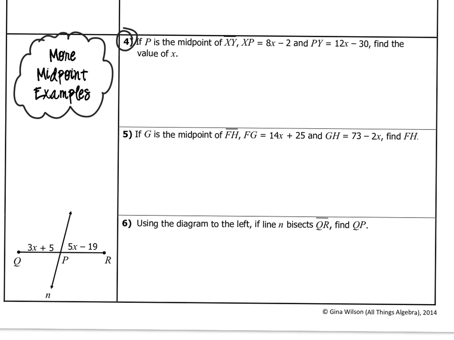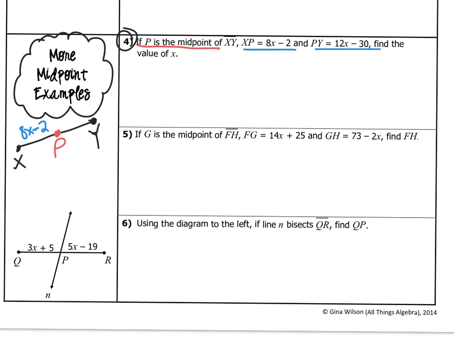Well, if P is the midpoint of xy, let's say that this is our segment xy and P is the midpoint. We're given that xp is equal to 8x minus 2 and py is equal to 12x minus 30.